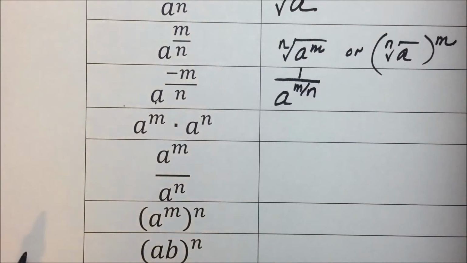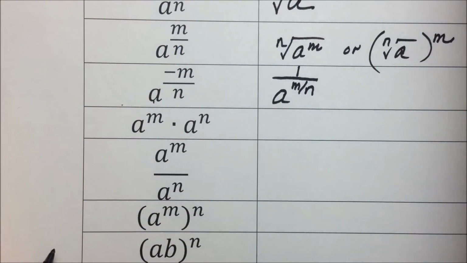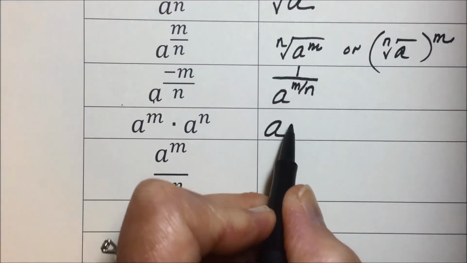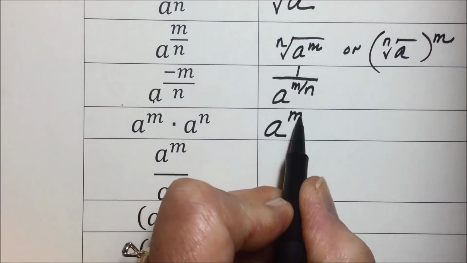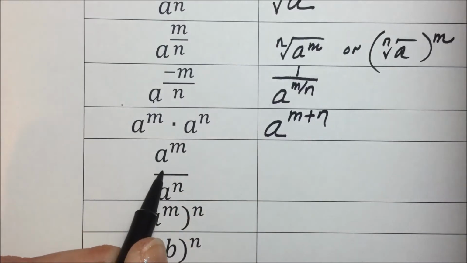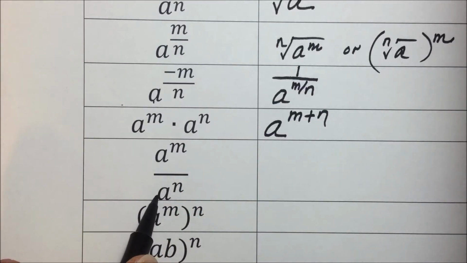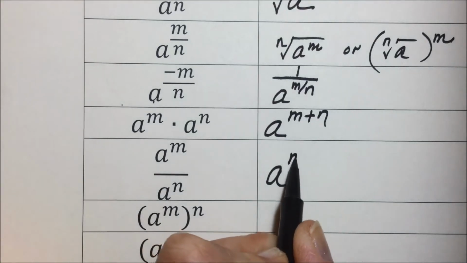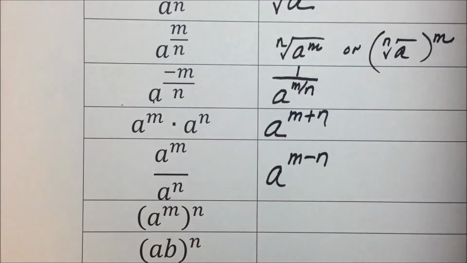Also, before we look at some problems, let's review the laws of exponents that we have. When you are multiplying common bases together, you add the exponential powers. When you have common bases that are divided, we subtract the exponents. So an equivalent here would be a to the m minus n.